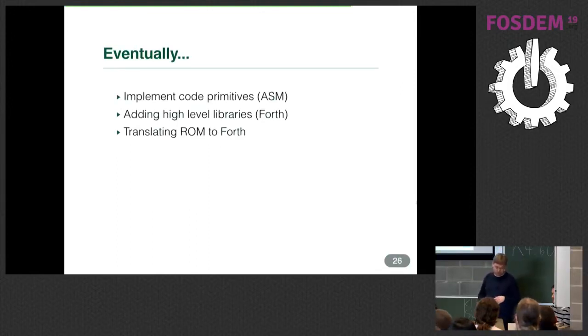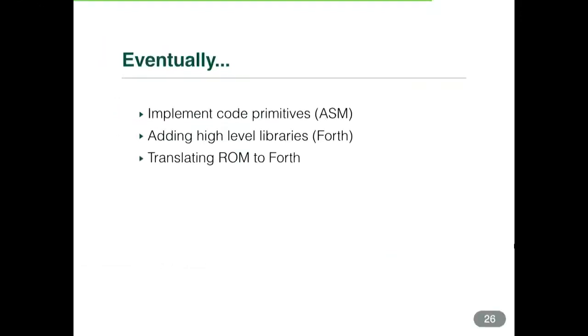Eventually we have all the primitives to have something working. We can add on top of that higher level definitions, basically using existing Forth primitives to create new Forth primitives. And slowly but surely we are translating the entire ROM to Forth and not using assembler at all anymore, unless you maybe want to optimize something later.